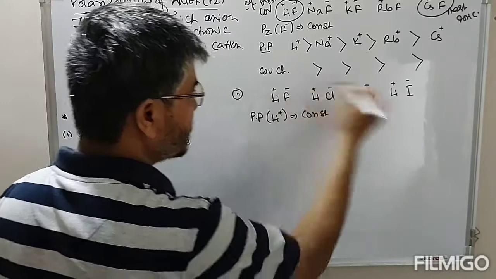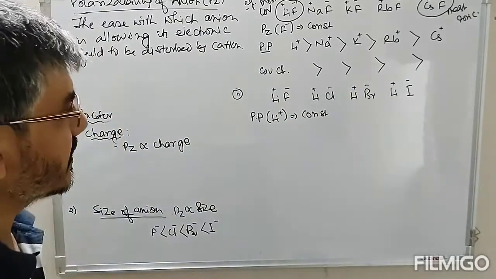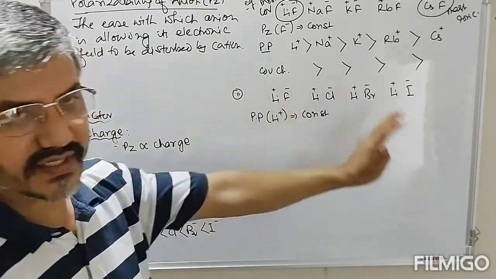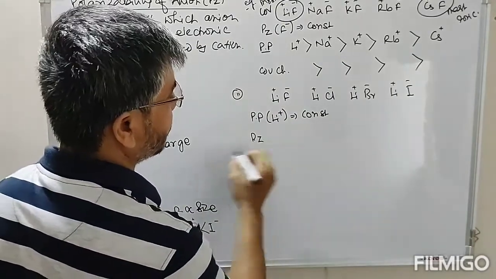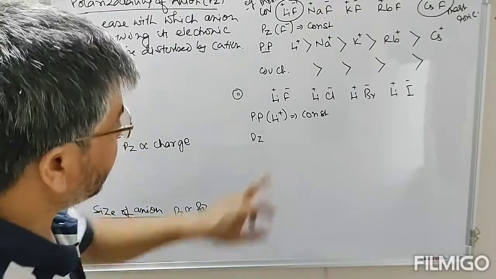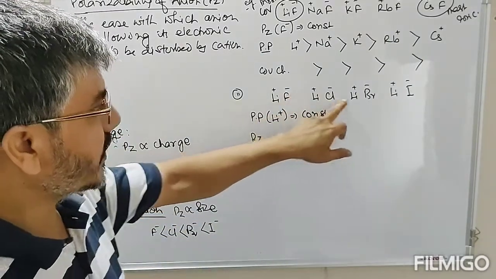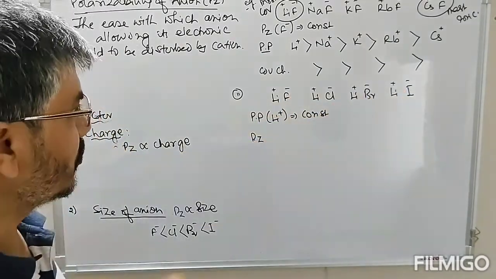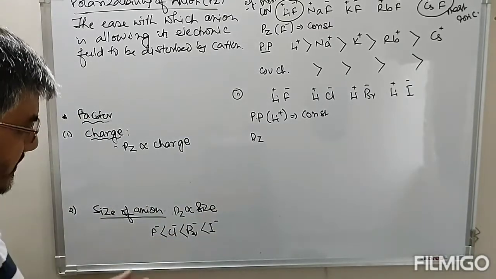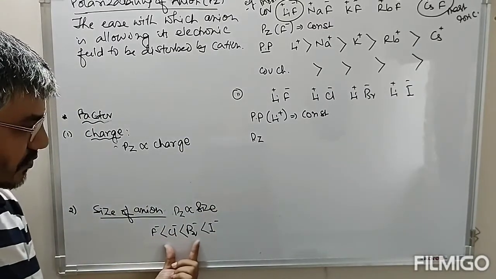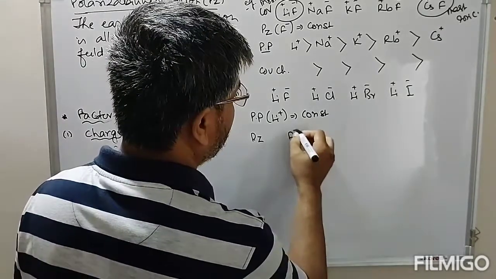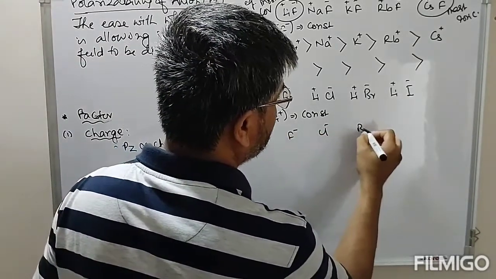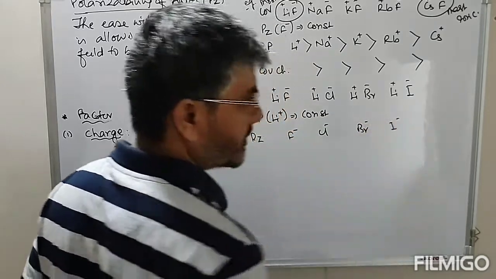So we have the same charge and same size of the cation. So the polarizing power of the cation is fixed. Now coming to polarizability. Now we have different ions, fluoride, chloride, bromide, iodide. So moving down the group, size increases. As the size increases, the polarizability of the anion also increases.